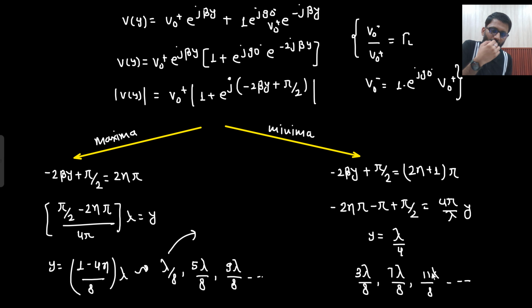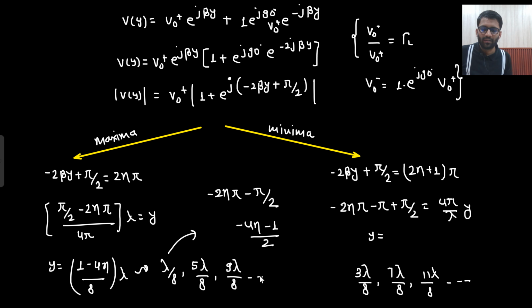So lambda by 4, and minus 2n pi and minus pi by 2, so minus 4n and minus 1 divided by 2. So minus lambda by 8, 4n plus 1.